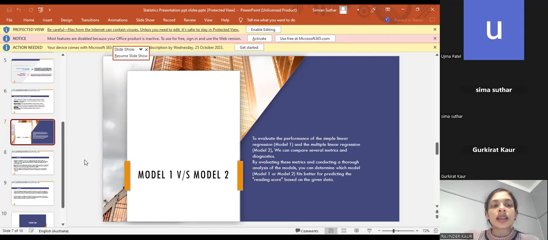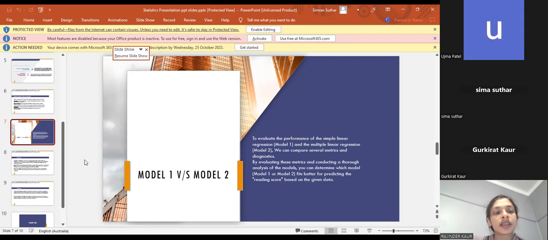Step 2 is to set the significance level to 0.05. This determines the threshold below which the p-value must be in order to reject the null hypothesis. Step 3 is to perform the hypothesis test. Step 4 is to interpret the results.